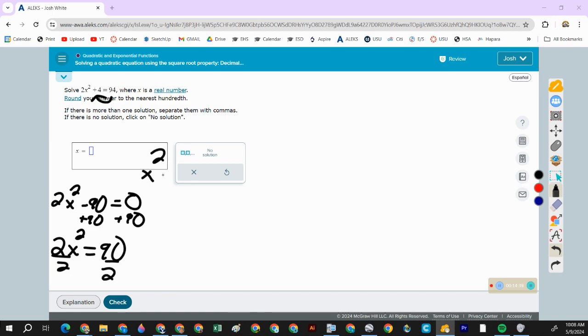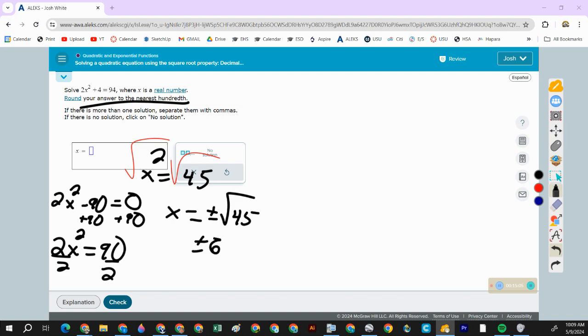And I get x squared equals 45. Then take the square root, and I get x equals, and this time it wants a decimal. So I'm just going to type in root 45 in my calculator. So the square root of 45 is 6.7. So this is plus or minus 6.7.